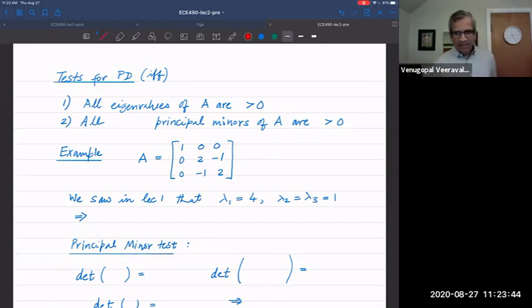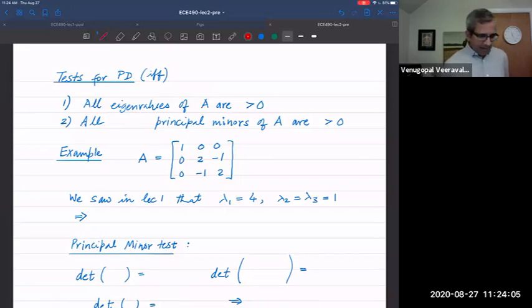But there are other tests which are more convenient. Okay, the one test for positive definiteness is that all eigenvalues of the matrix are positive. So we already know that for a symmetric matrix they are real valued, but if it's positive definite, its eigenvalues are guaranteed to be greater than 0.